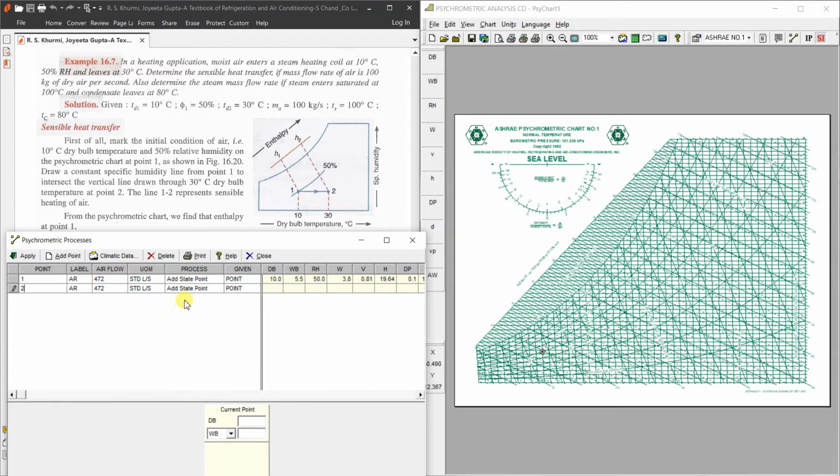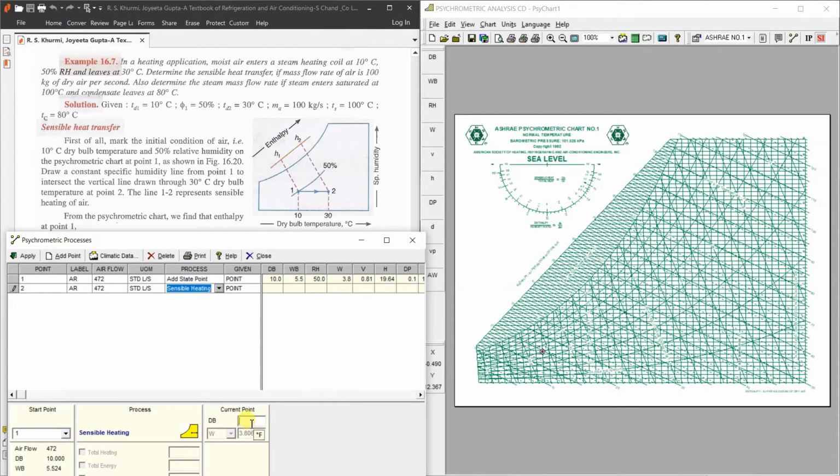Now here we have to select in process, sensible heating. We have to start from point number 1 and point number 2, dry bulb temperature. Here only one condition is required. Why? Because specific humidity is remaining constant. So that is why you can see the second parameter, you cannot add it over here.